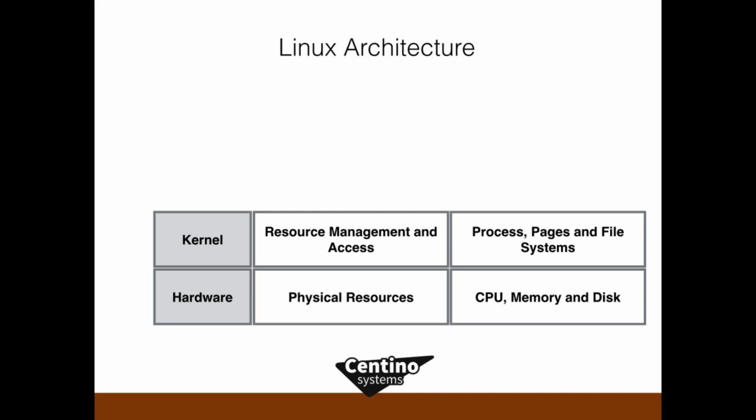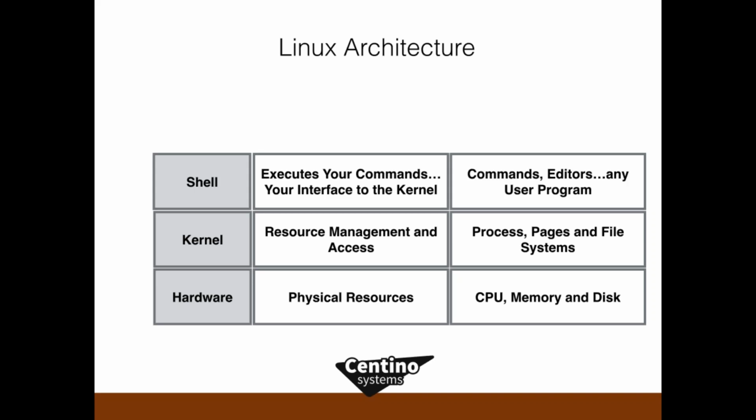So the kernel, that's for resource management and access, but we still need to be able to ask the operating system to do work, and we do that in the shell. And the shell is where we execute our commands. And so the shell will then start up our process and hand it off to the operating system to do that work. And so inside our programs, we really kind of have two things: non-privileged state or user mode, and privileged state or kernel mode.